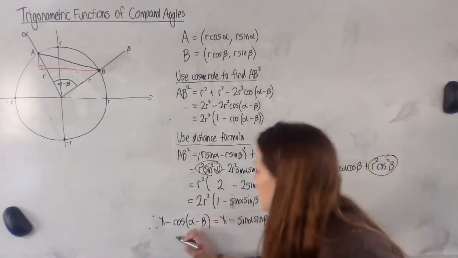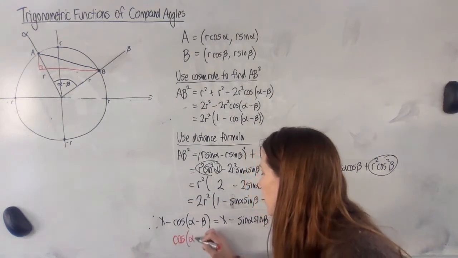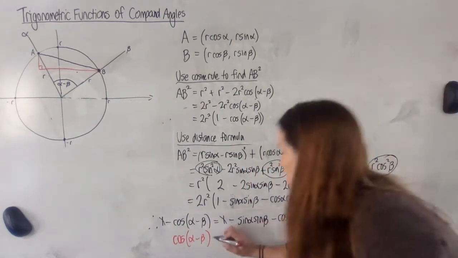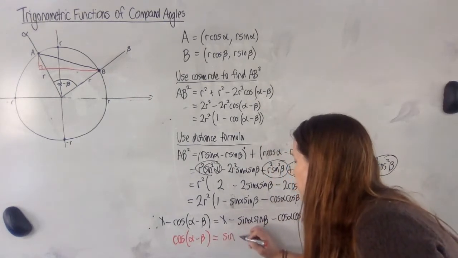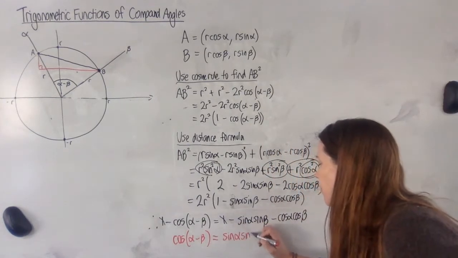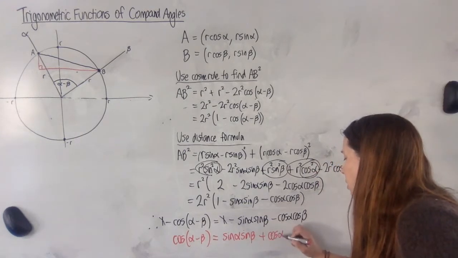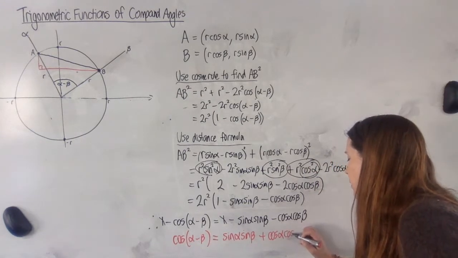And that's going to change this side into the cos of alpha minus beta. But multiplying both of these terms by -1 is going to make them both positive. So we find that it's equal to sine of alpha sine of beta plus cos of alpha cos of beta.